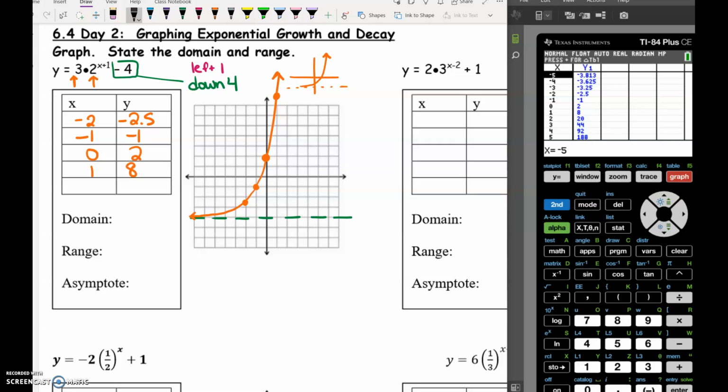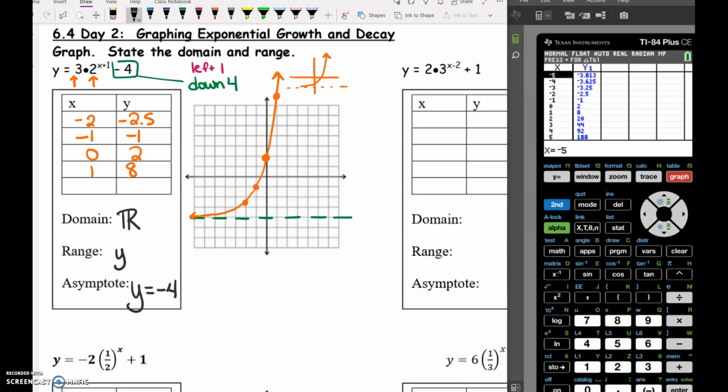Okay. The hardest question of the day. I'm being incredibly sarcastic right now. What is the domain of this function? All real numbers. All exponential growth and decay graphs have a domain of all real numbers. The asymptote we already decided was y equals -4.